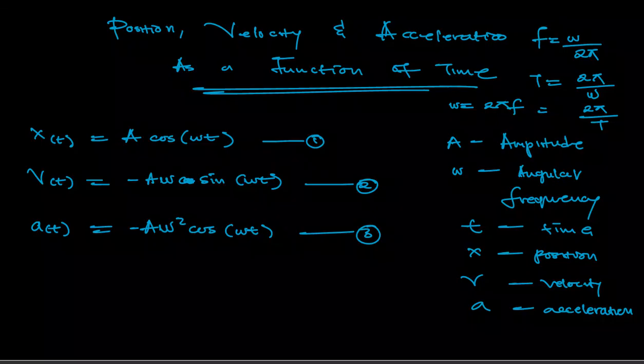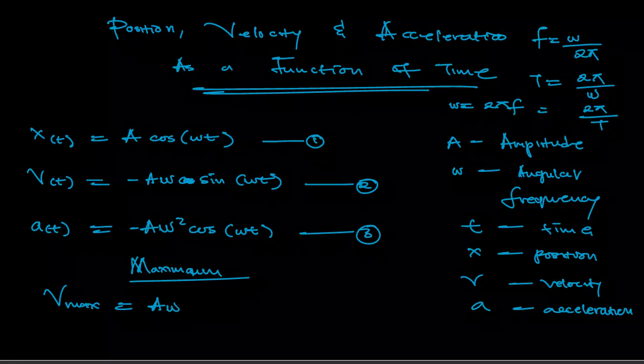Other important things to talk about are maximum magnitudes. How do we find the maximum velocity, which we call Vmax? Vmax is found by amplitude multiplied by angular frequency. Very important.